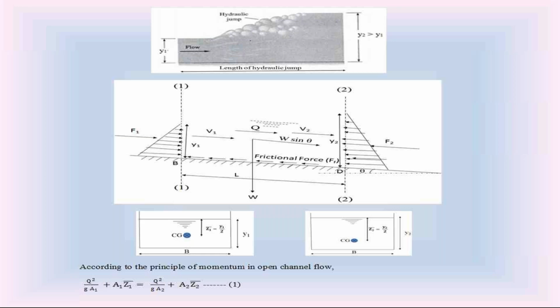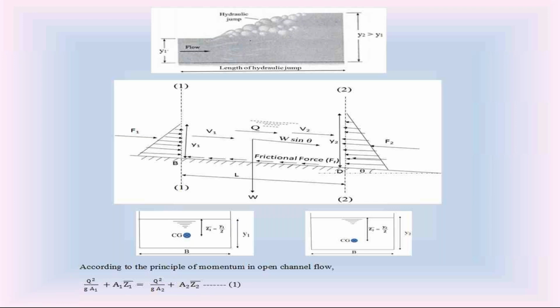At section 1, the specific force is Q square by GA1 plus A1 Z1 bar. At section 2, the specific force is Q square by GA2 plus A2 Z2 bar.